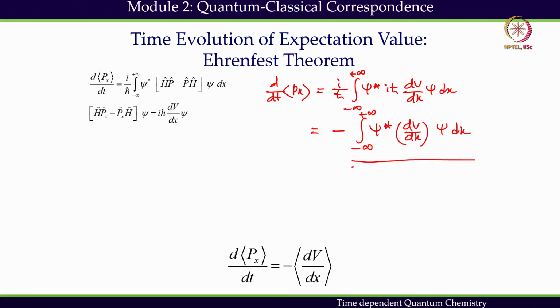Again we have got a typical form of the expectation value, but this time it is the expectation value of the derivative of the potential.